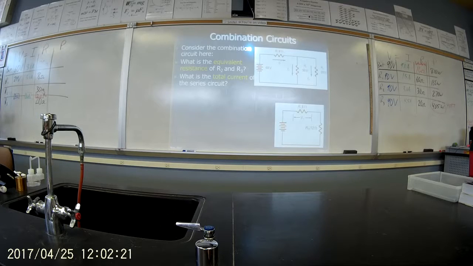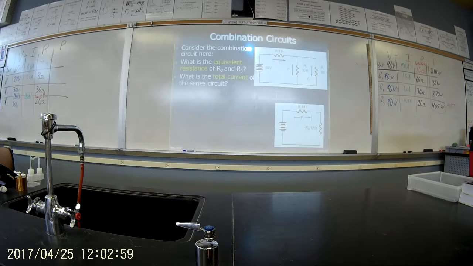Yeah, question. Nope. Because they're in parallel. In parallel, each branch shares the same voltage. So if the equivalent potential is 36, that way because R23 represents a parallel section.